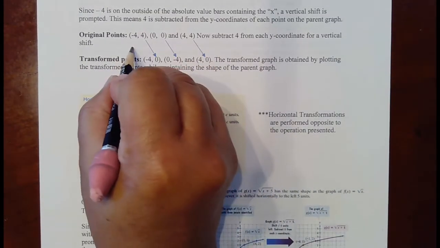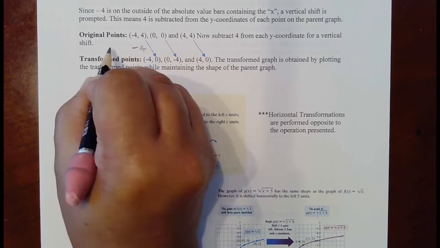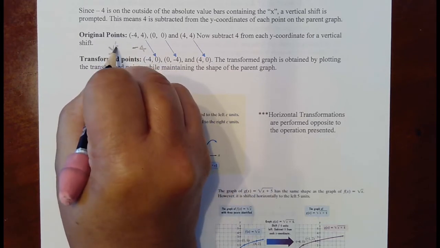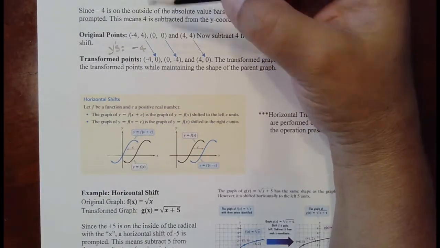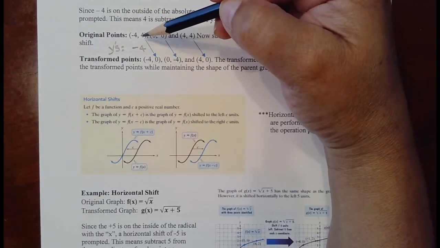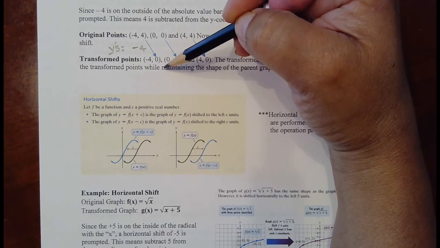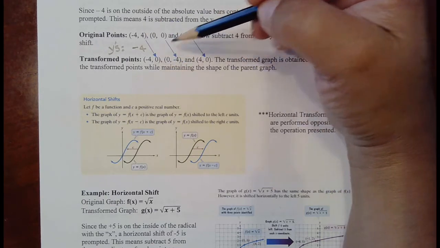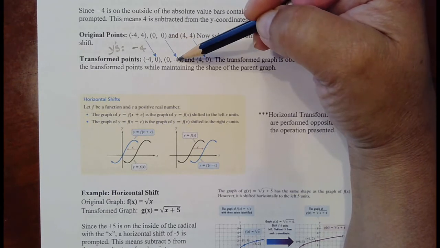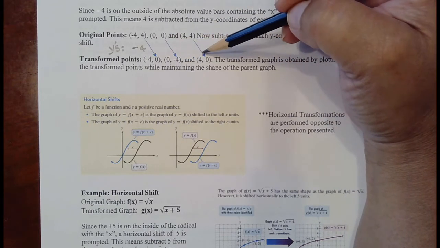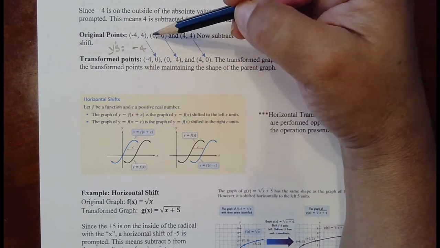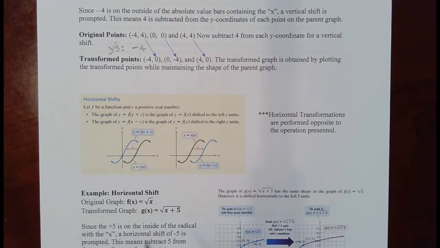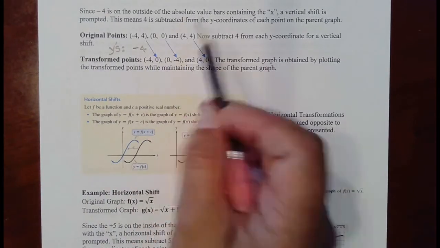Notice that for each of these y values, 4 has been subtracted to create these brand new points, the transformed points on the g of x function. 4 take away 4, 0. 0 take away 4, -4. 4 take away 4, 0. Yet all the x's have stayed the same: -4, 0, and 4. So now we have our original set of points, which you see already graphed for you, and you can also maybe understand where these new points came from.